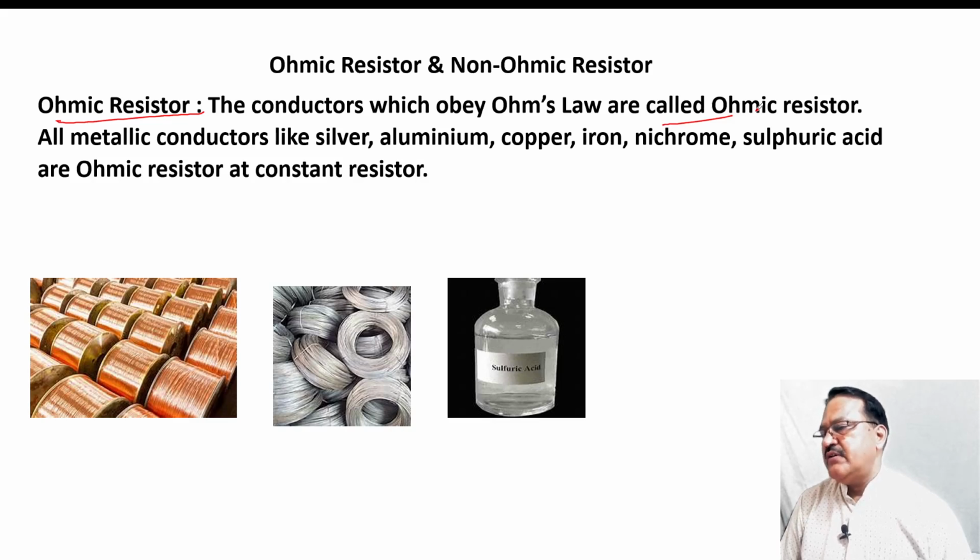As per Ohm's law, when the voltage is increasing, accordingly the current is also increasing and vice versa. Means the ratio of voltage and current will be always the same. That we call the resistance.